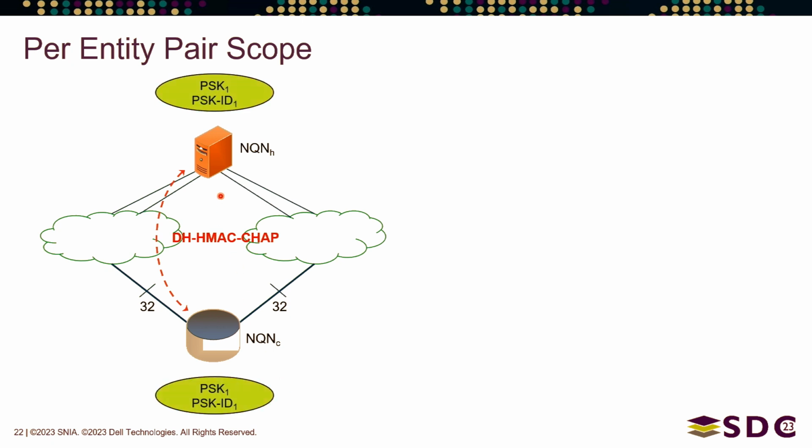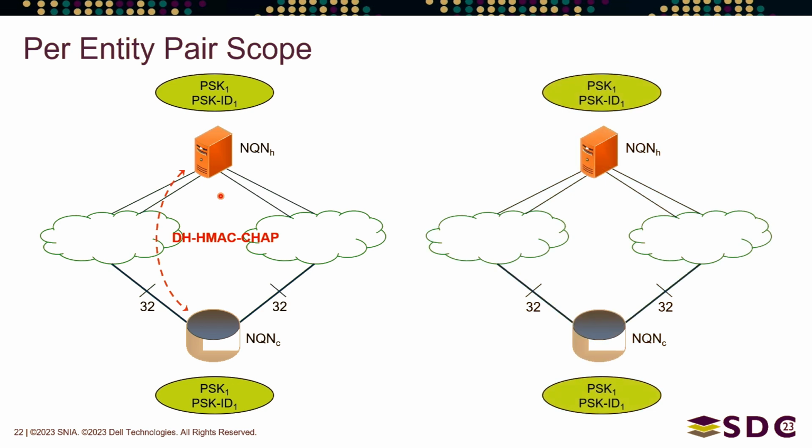And then I use that to set up all my TLS connections across all the interfaces, across all the controllers between these two entities. This is a way in which I'm able to do that. And you can see the DHM matchup will define one PSK with its own ID. I reuse that PSK and PSK ID for all TLS connections.